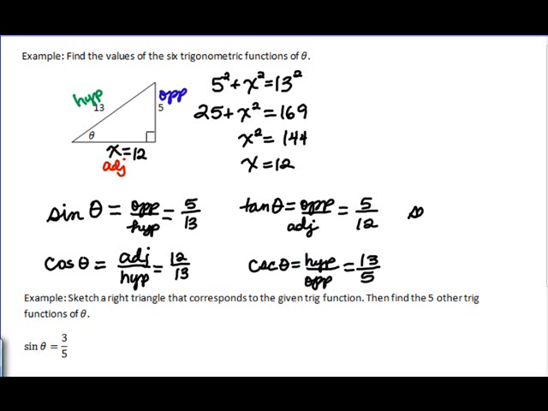The secant is the reciprocal of cosine, so it would be hypotenuse over adjacent, which would be 13 over 12. And then lastly, we have cotangent of theta is going to be adjacent over opposite, which would be 12 over 5. Okay?